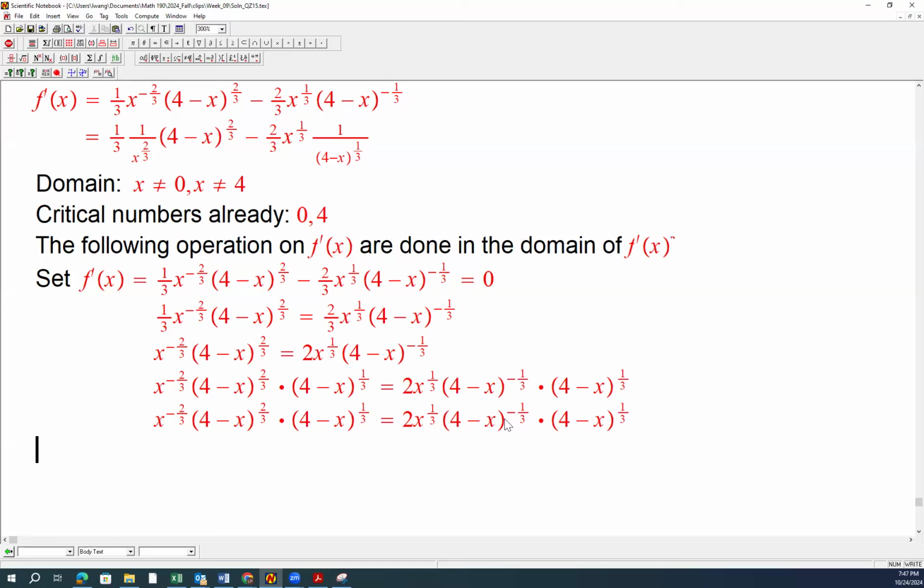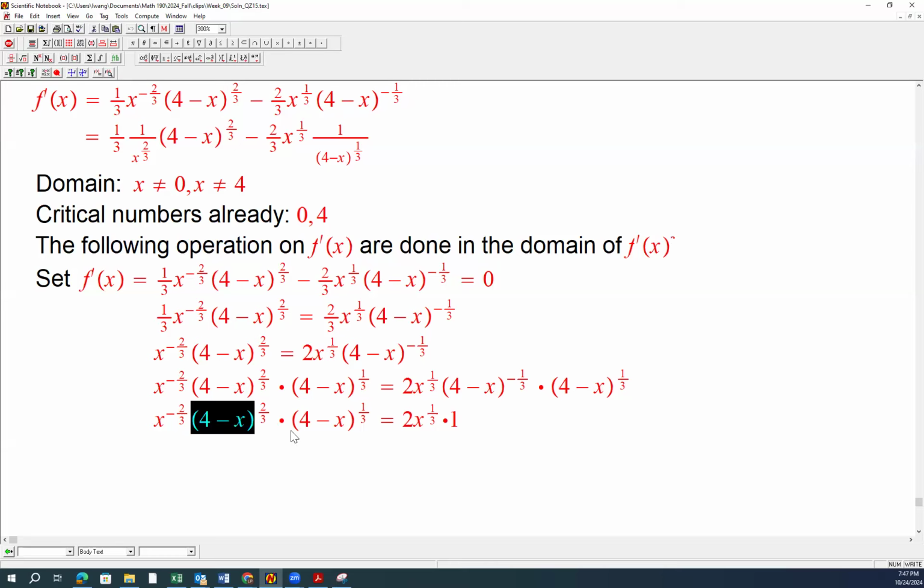These two pieces give negative 1/3 plus positive 1/3 because they have the same base, and that's going to be their opposite, so this is 0. 4 minus x is not 0 because we have the guarantee it's in the domain. So anything to the power 0 is 1, provided the base is not 0.